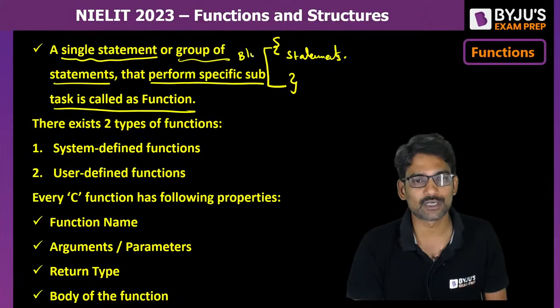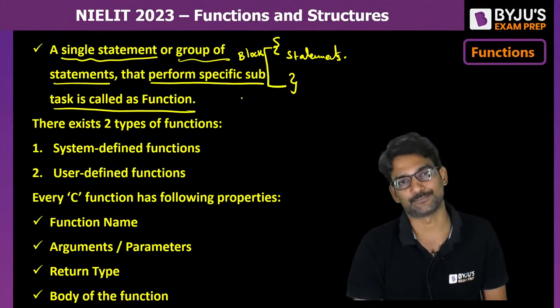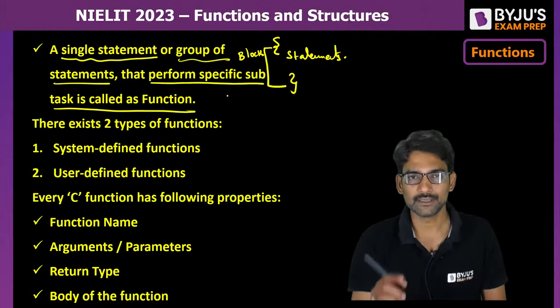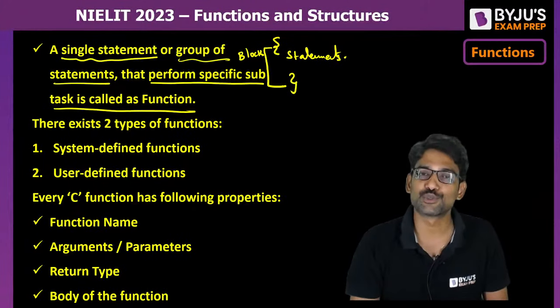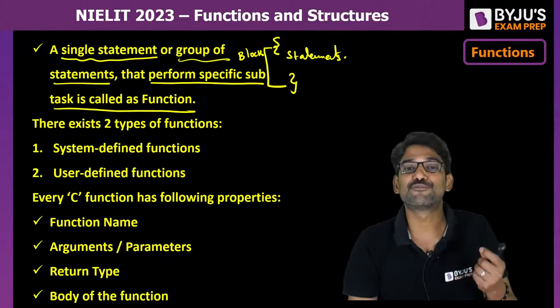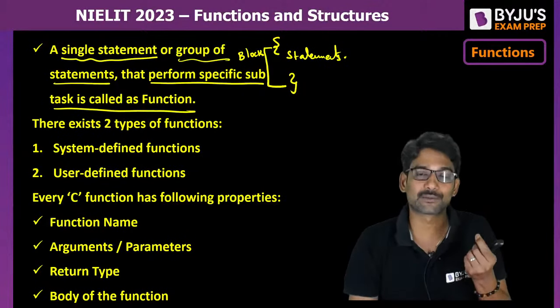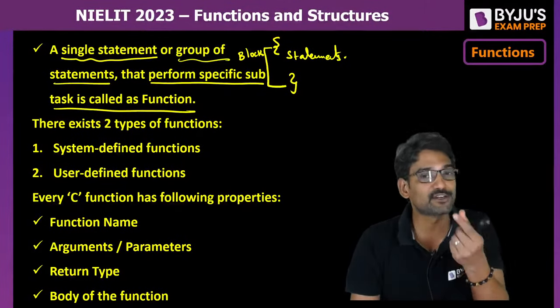This is what I said, block. Always remember, a pair of open and closed curly braces you should call a block: if block, else block, for block, while block, function block.